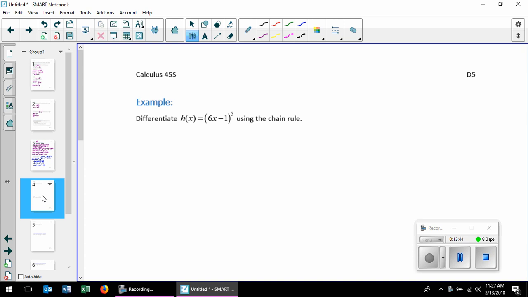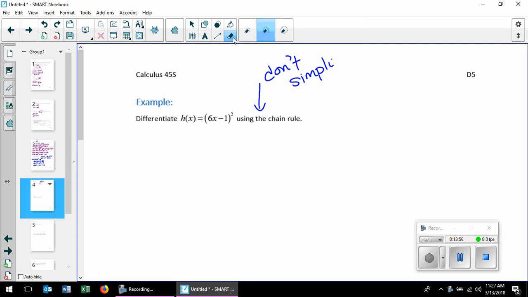You're not going to simplify unless instructed to. That was kind of like the product and the quotient rule. Unless it specifically says simplified, don't do it.